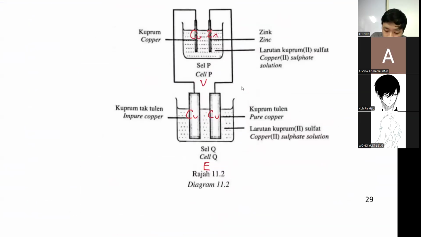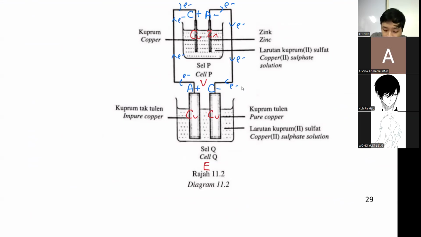Anode negative, cathode positive. Electrons flow from anode to cathode. So pure copper is the cathode. The other side, the impure copper, is the anode. Electrons flow the same way.